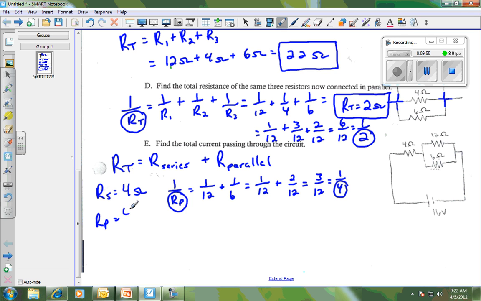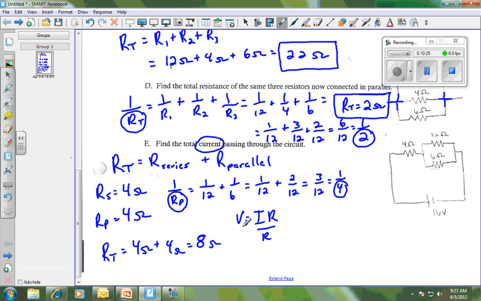So the total resistance is equal to 4 ohms plus 4 ohms is equal to 8 ohms. But that's not what we were looking for. In this problem, we don't want the total resistance, we want the total current. Our formula says that voltage equals current times resistance.